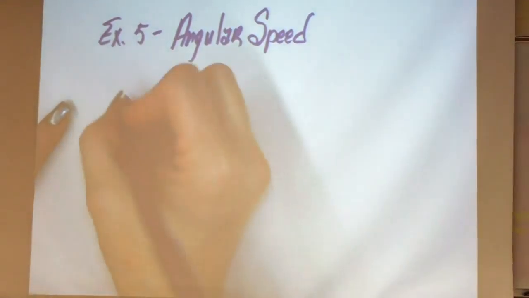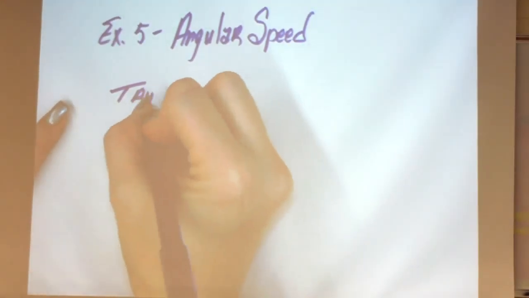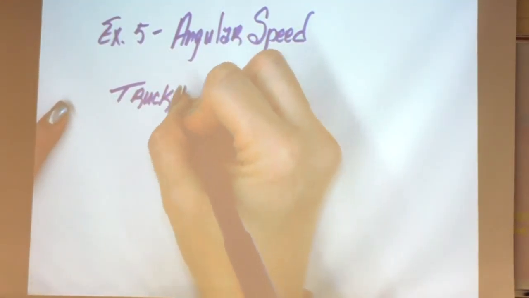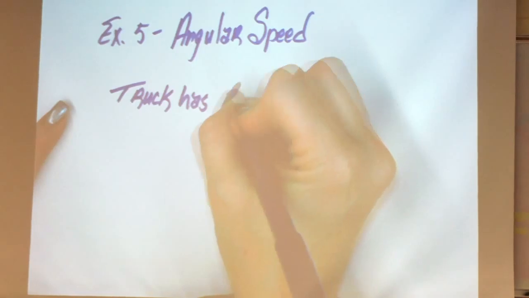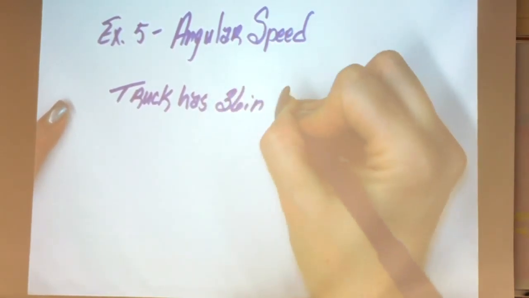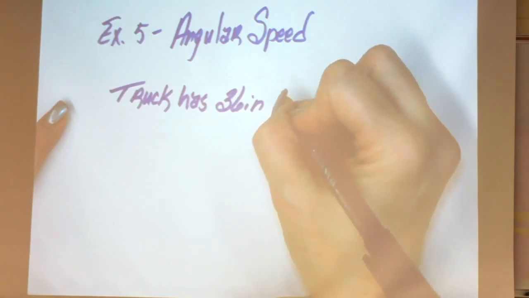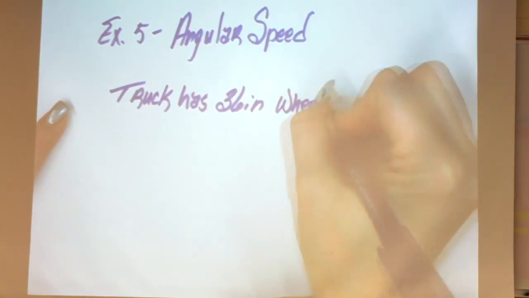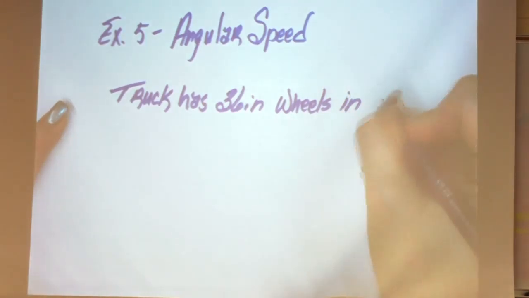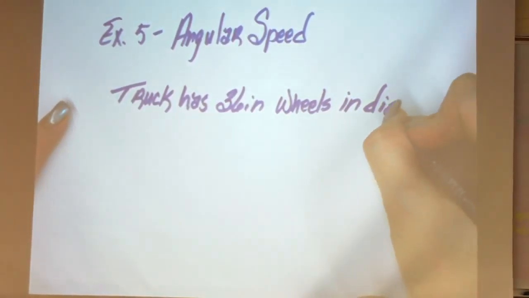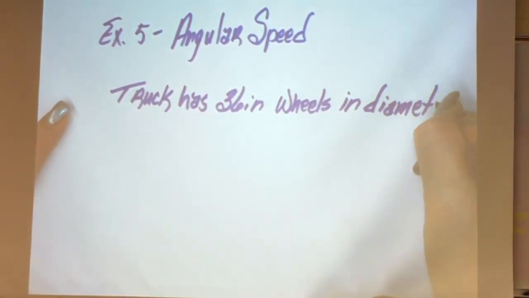So, let's say a truck has 36-inch wheels in diameter. So the diameter of the wheel is 36 inches.